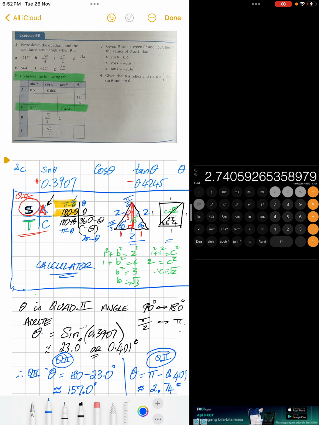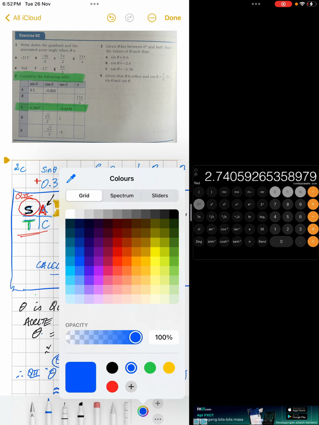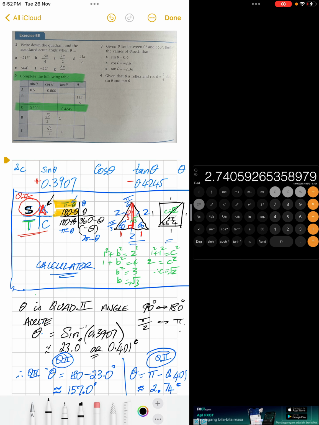Let's put our answer up here: 2.74 radians, and I won't bother writing the 157 degrees up there. Now let's find cos of our acute angle, and we know it's going to be negative because it's quadrant 2. So all we've got to do is put in our acute angle.